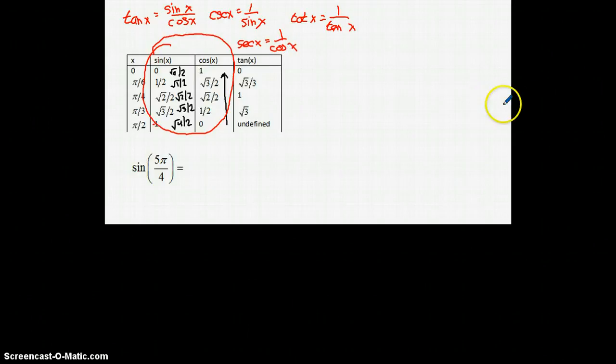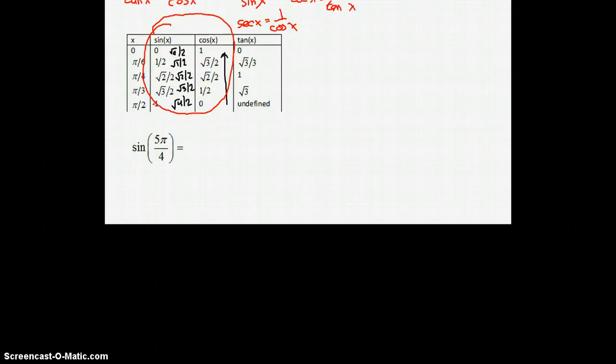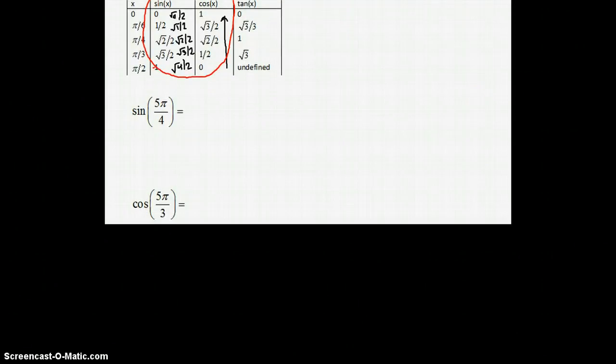Okay, so I assume by now you're pretty familiar with finding reference angles. I showed you how to do that in a previous video, and so I'm just going to go ahead trying to find the values of these functions, sine of 5 pi over 4. Well, first I have to figure out which quadrant this is in.